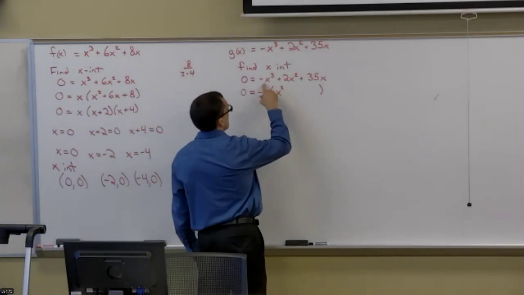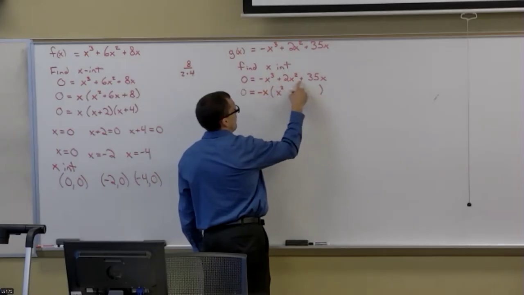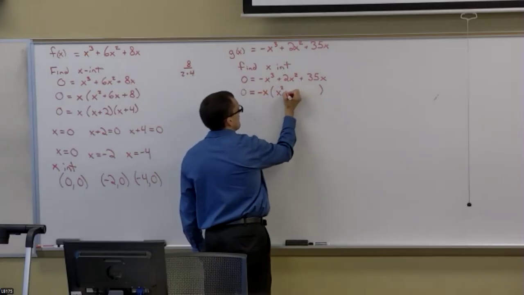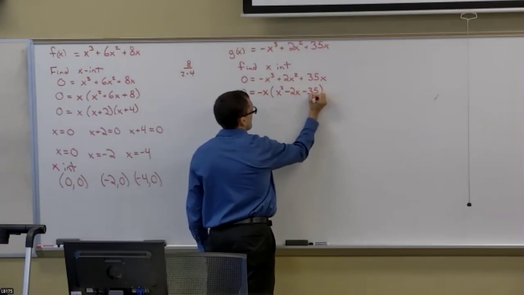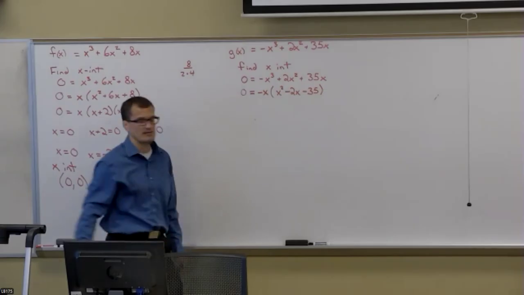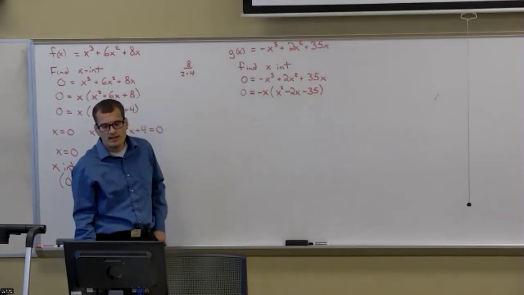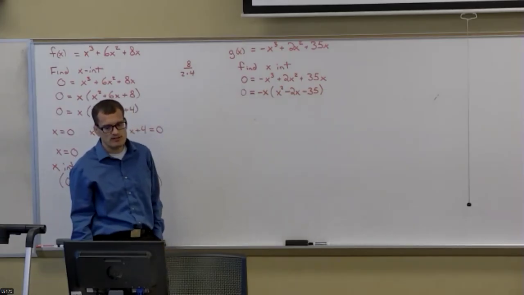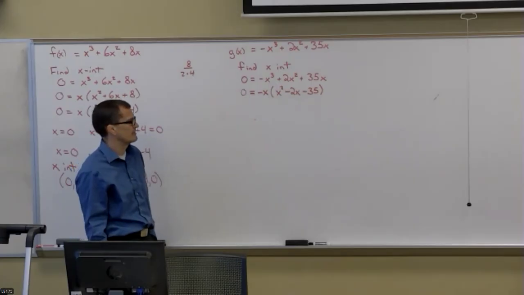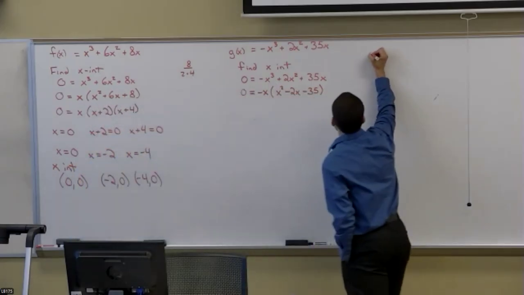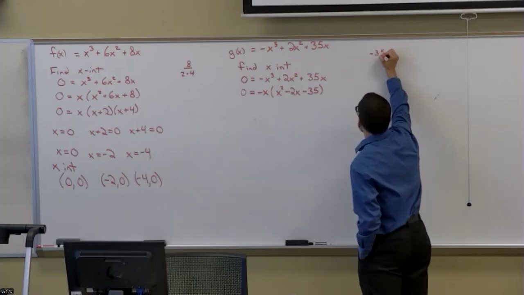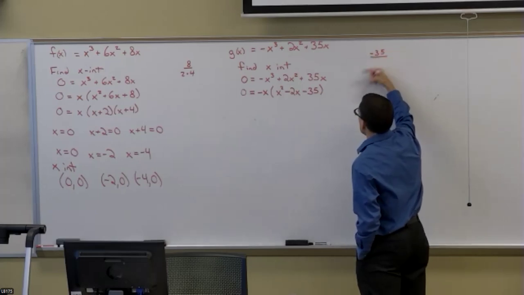But if I factor out a negative, I have to do it on all three terms. So that'll be a minus 2x and a minus 35 if I factor out a negative x. So I factor out the negative x and you're left with x squared minus 2x minus 35 as your quadratic. And then we can look at factors of negative 35 that add to negative 2.